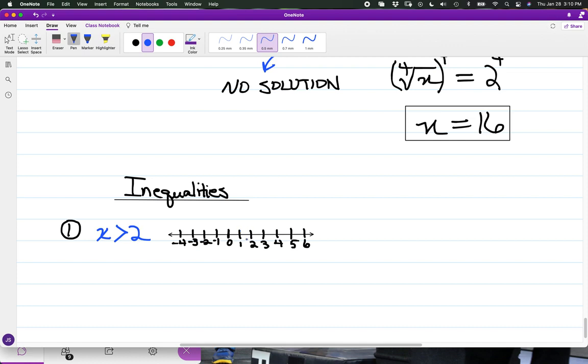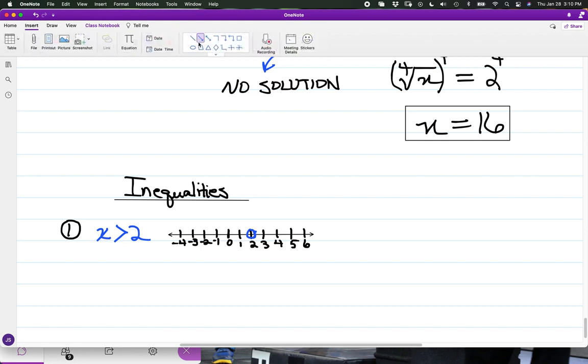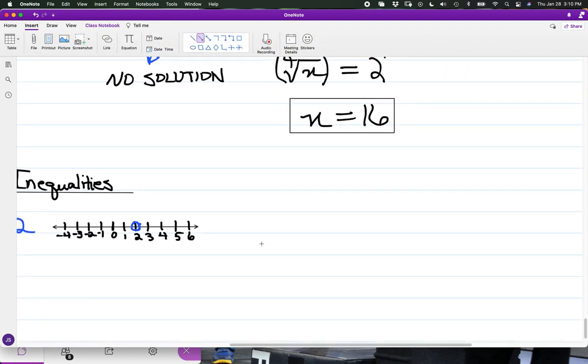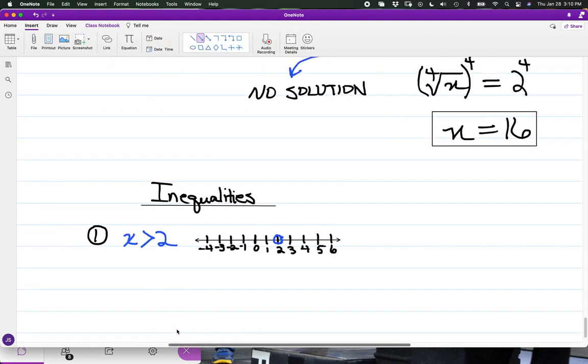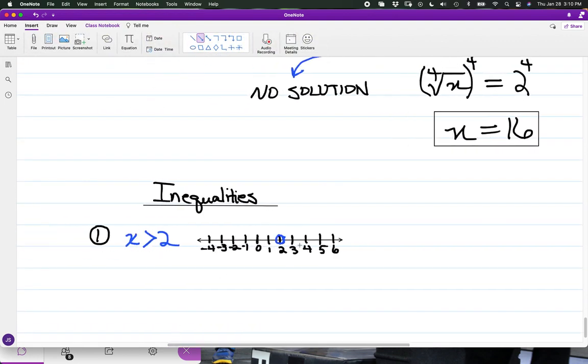So on the 2 we have an open circle, meaning that because you have a hole or an open circle, 2 is not included in the description. But for x is greater than 2, representing x will be those values to the right of 2. And so I'm going to have an arrow that goes out to the right.